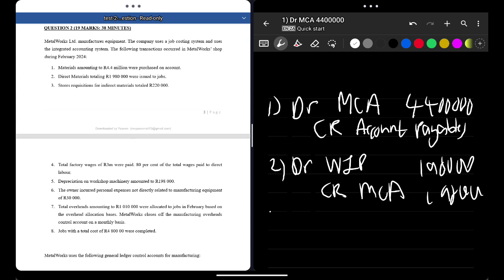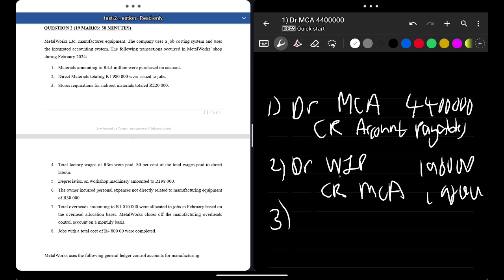Store acquisitions 3. For indirect materials, total 220,000. Store acquisitions for indirect materials. Okay. So, store acquisitions means out of your material control account, they're taking some indirect materials out. So easy. This is indirect materials being issued.